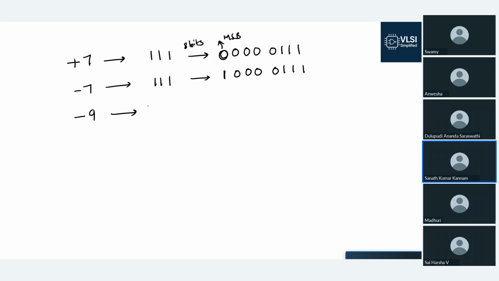The value is 1001, and next 0 0 0, and this MSB 1 means the given number is negative. MSB decides the given number is positive or negative: if MSB is 0, the number is positive, and if MSB is 1, it is negative. So this is sign magnitude representation.